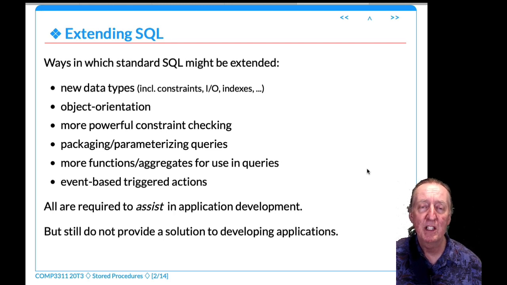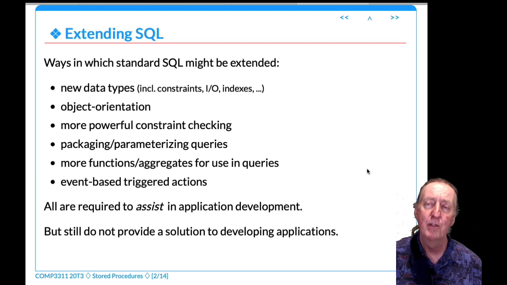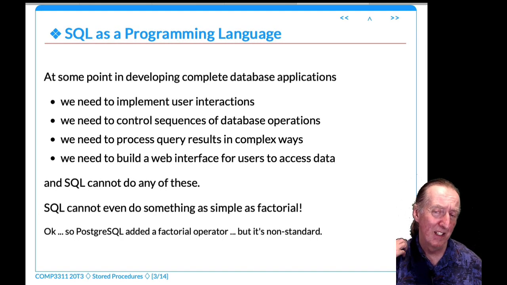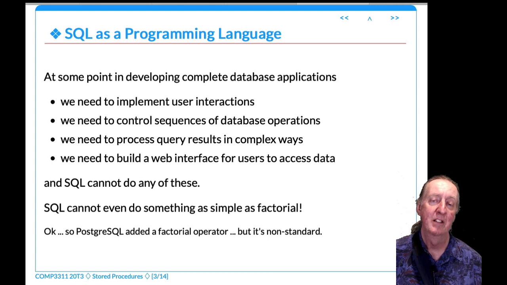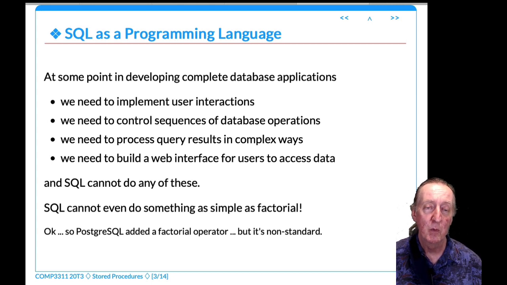So all of those things are good and they give us a sort of super SQL, but they still only assist in developing applications. They don't give the ability to define a full application. And to do that, we need a programming language, essentially. And that's something that SQL is not. But these are the kind of things we want.